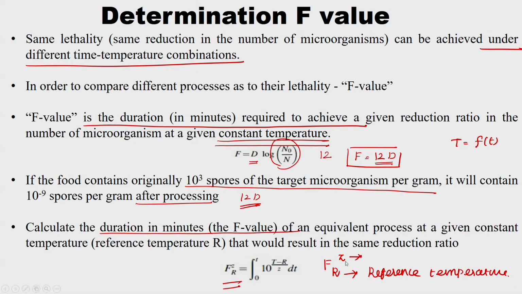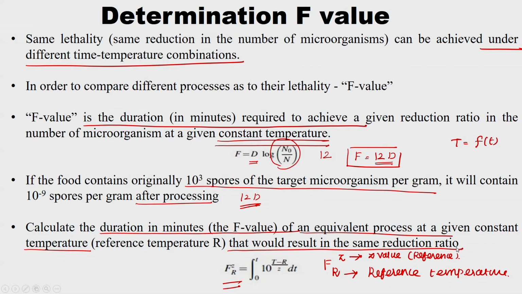So, Z is nothing but the Z value at a particular reference, I have to say. Calculate the duration in time of an equivalent process at a given constant temperature that would result in the same reduction ratio.